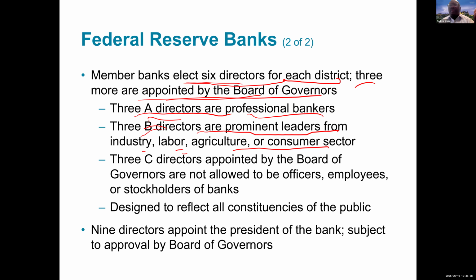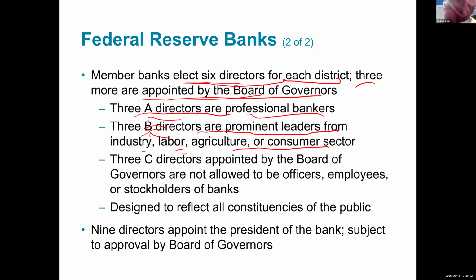Or if they're coming from places where there's a high-tech sector, like Silicon Valley, San Francisco, the 12th district branch, then some of those leaders or directors might be drawn from the tech sector. So it depends on where the jurisdiction is and what the main economic activities are in those districts. That's where we draw those 3B directors from.